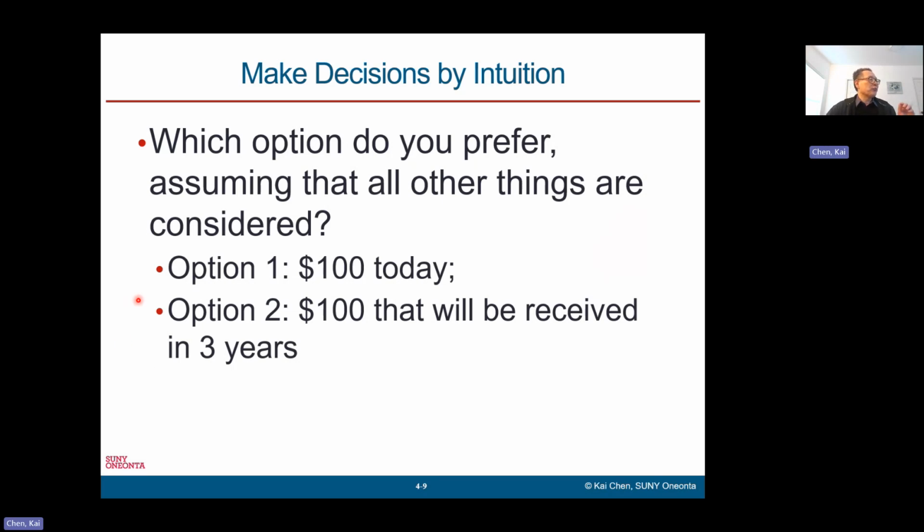You can choose $100 today, or option 2, you're going to receive $100 3 years from now. Which option do you prefer, assuming all other things are equal?